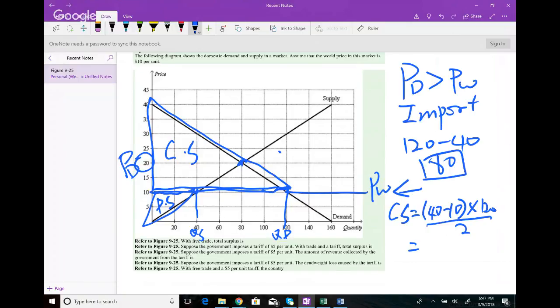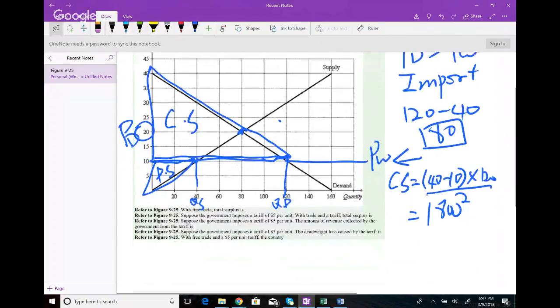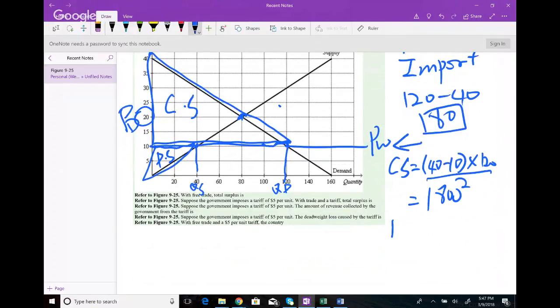Let me do it on my phone. All right, so 40 minus 10 is 30. 30 times 120, and then divided by 2, this will be 1800. So 1800 is our consumer surplus, and then the producer surplus is the little triangle at the bottom.